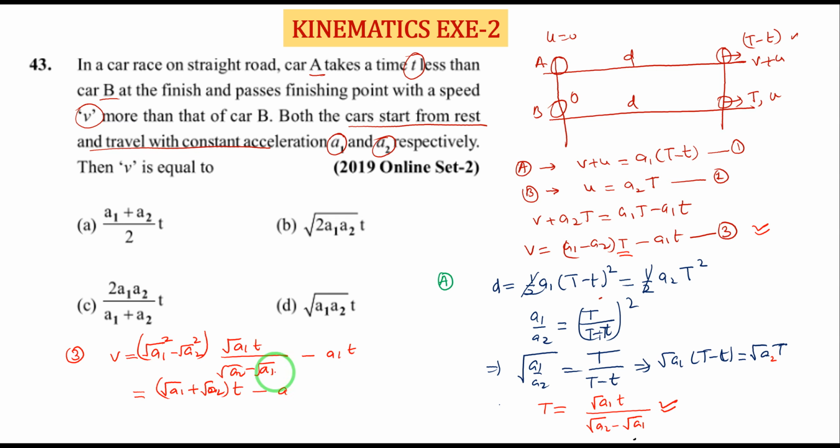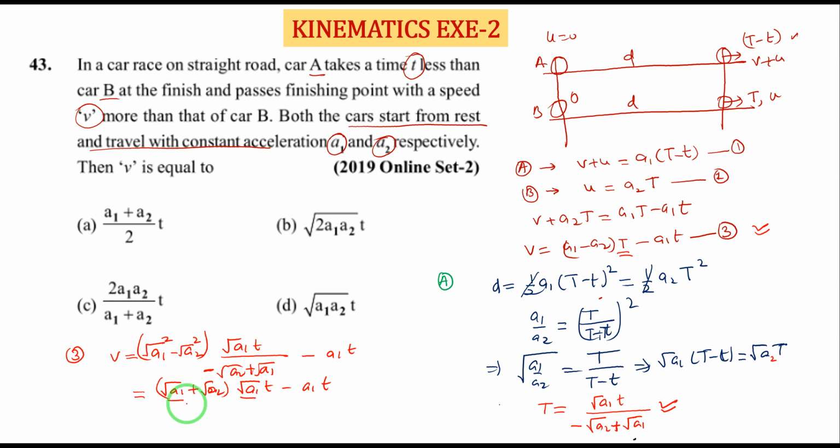outside, what is there? Outside there is root a1 also. So this will be root a1 into t minus a1 into t. Here the sign will be reversed, and here also the sign will be reversed, but the rest of the solving will remain the same.